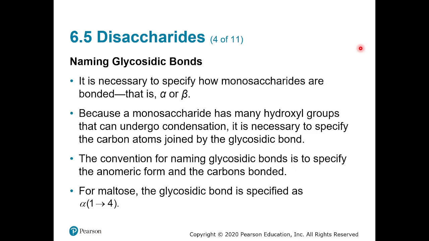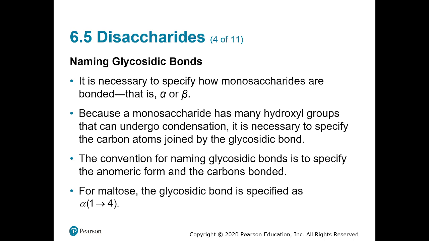Okay, so remember that your monosaccharides have many hydroxyl groups that can undergo condensation. It's actually necessary to specify the carbon atoms that are joined by your glycosidic bond, because you could actually form a bond with another one, not 4. Okay, so in this case right here, we're going to have again an alpha, and then it's going to be 1,4, because we have a linkage happening between the first carbon's hydroxyl and the 4th carbon on the other ring, right?